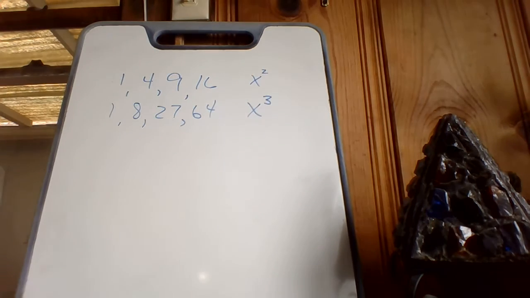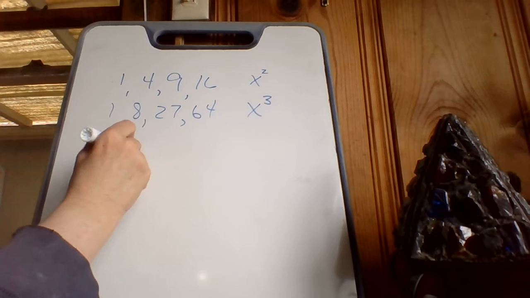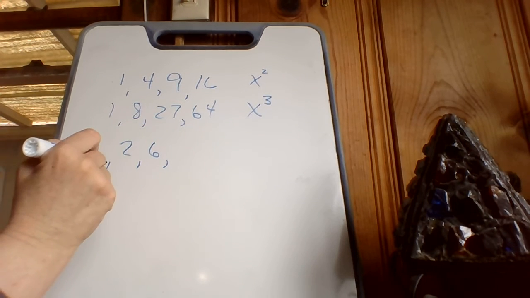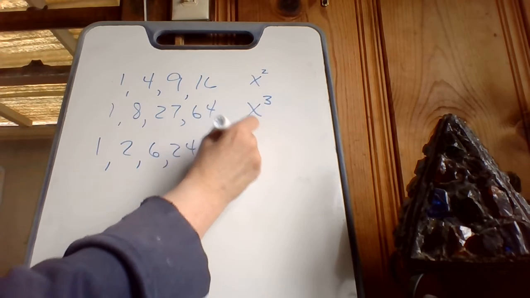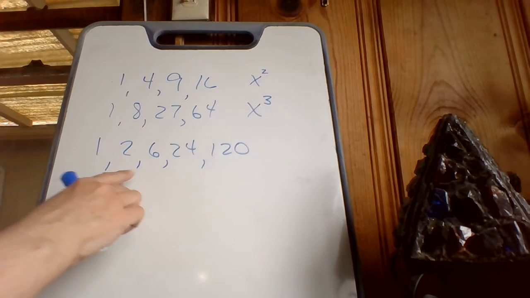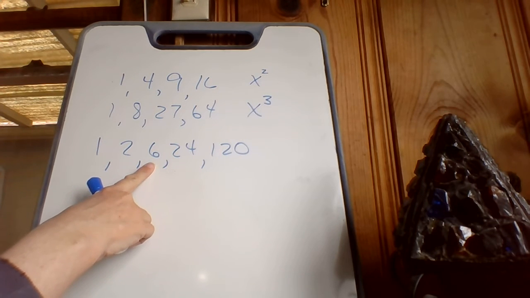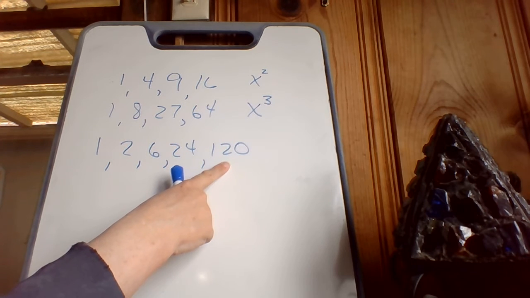And then this last one, 1, 2, 6, 24, 120. Definitely doesn't look familiar to most people. It doesn't even really look all that familiar to me, even though we did a couple of these problems in the very first video of this chapter. 3 factorial was 6. 5 factorial was 120.